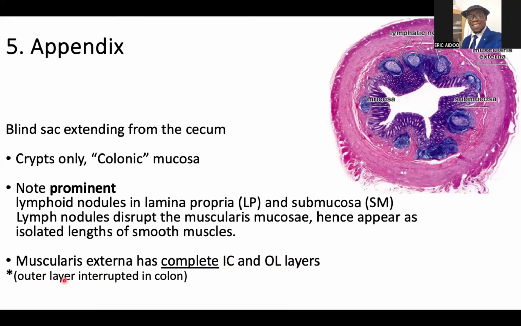But remember, the outer longitudinal is interrupted in the colon, but in the appendix, both inner circular and outer longitudinal are complete. That is why even in gross anatomy, you do not find epiploic appendages in the appendix.